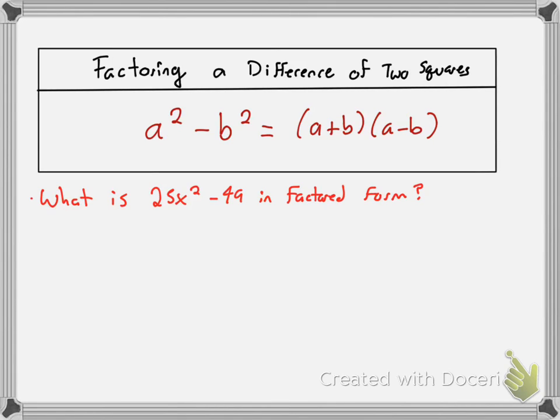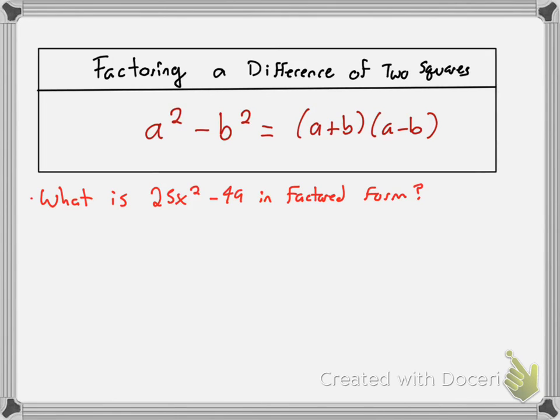If I wanted to do this using the AC method, because technically this is in standard form, I would need two numbers that multiply to give me whatever 25 and negative 49 multiply out to be, and add up to give me 0, which is kind of weird to think about. So this is where I think this shortcut comes in handy.